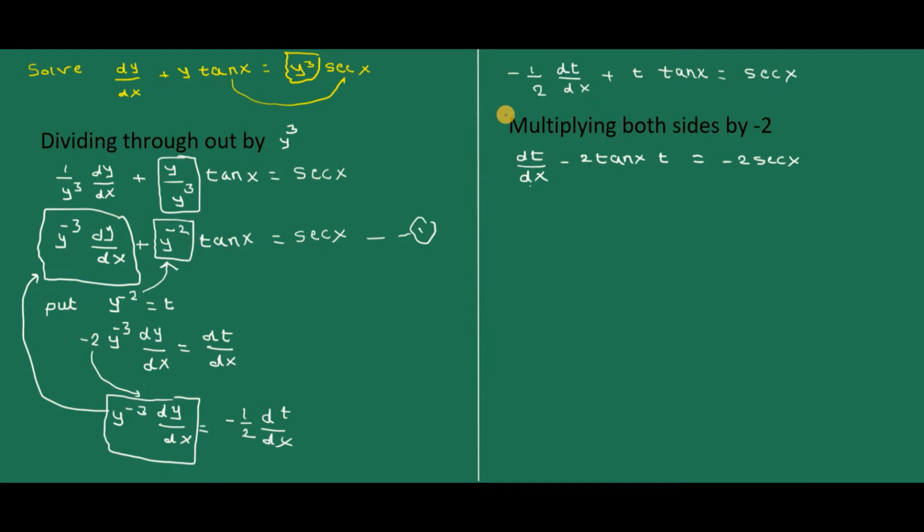If you compare with dy by dx plus py is equal to q, this is the p value, this is the q value, and this t is nothing but the y value. What is its solution? First I will write p is equal to minus 2 tan x, q is equal to minus 2 sec x.